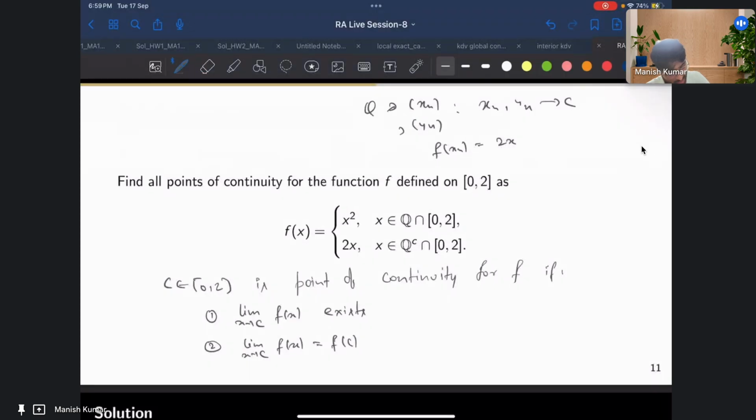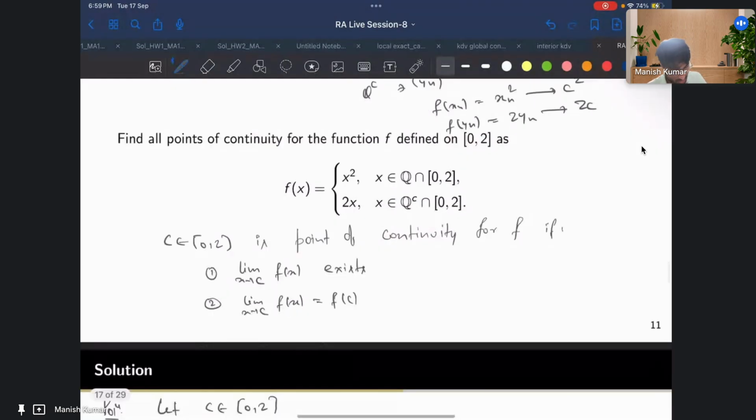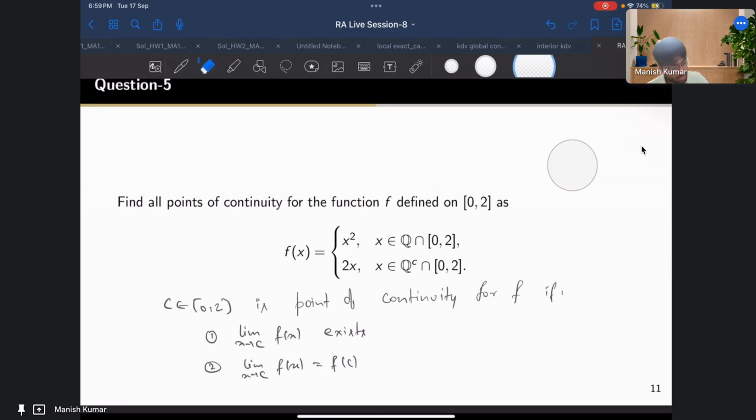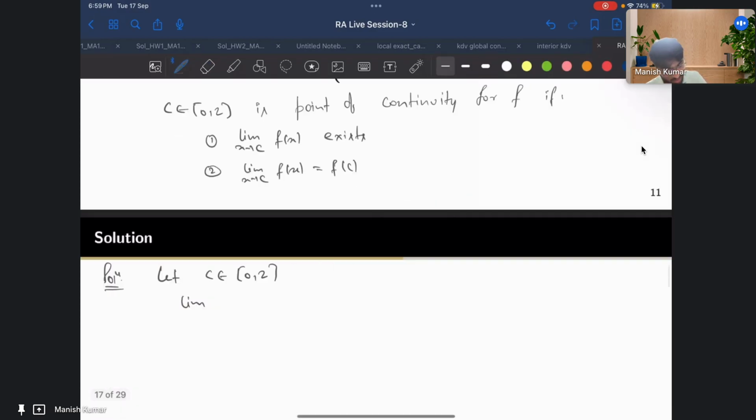So f of xn, since xn is rational, is going to be xn square, and this converges to c square because xn is converging to c. If you look at f of yn, you will get 2yn, which is converging to 2c, right? So I'll tell you one main thing here.